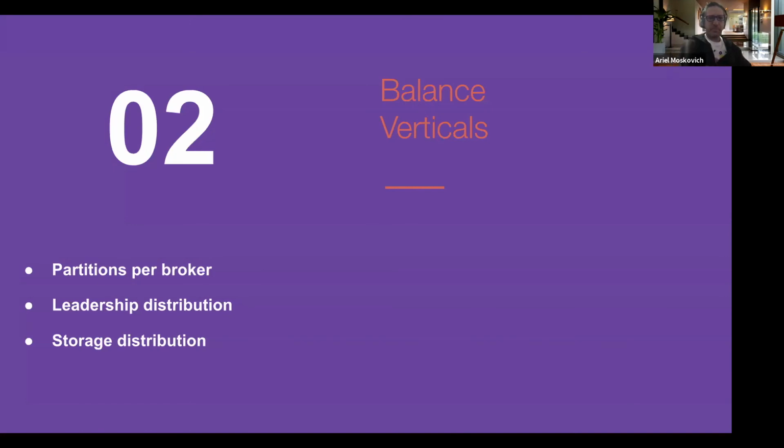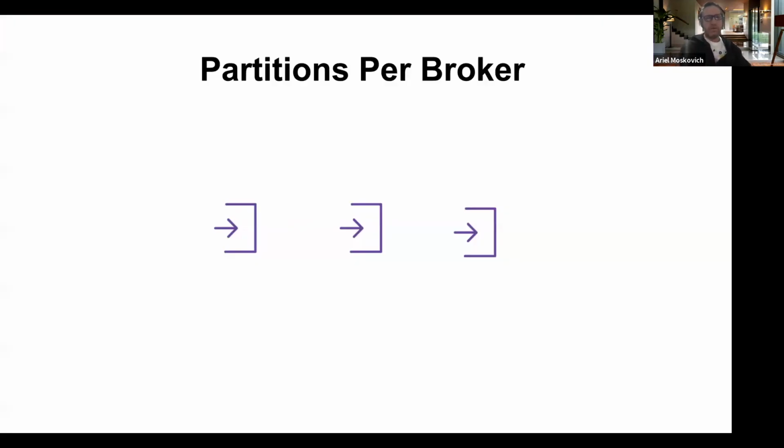So what are the different things that we want to balance in the cluster? First, as I said before, we want to make sure that the partition count per broker is balanced. If we have, for example, a cluster with 10,000 partitions and each broker is holding, let's say, 1,000 partitions, this is pretty much a balanced state.